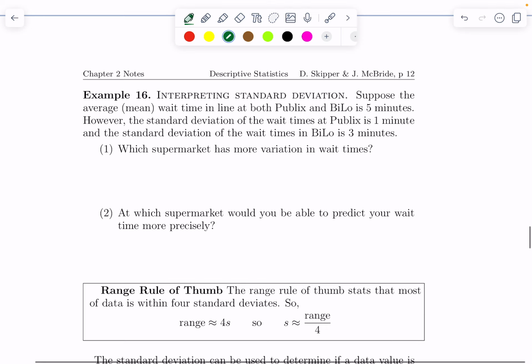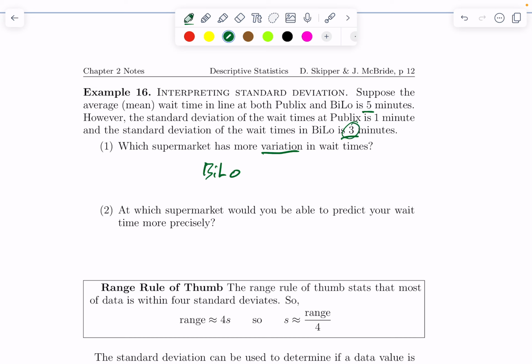Which supermarket has more variation in waiting times? Well, it must be BI-LO, because the average distance of each wait time from the mean, which is 5 minutes, is 3. On average, that distance is 3.